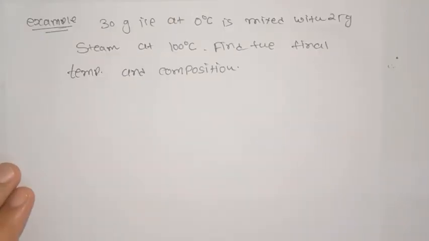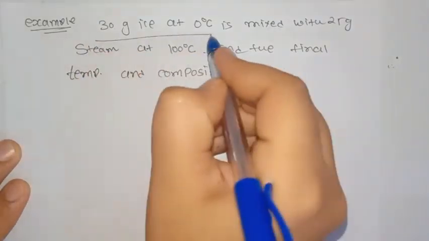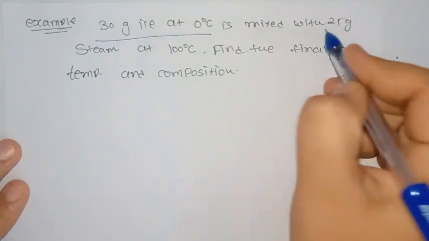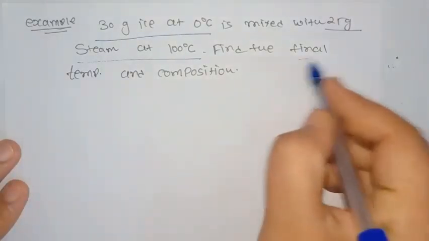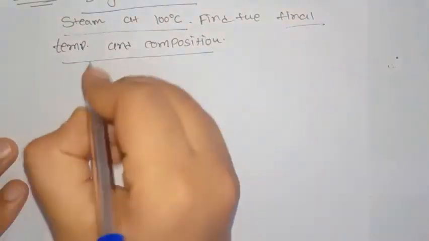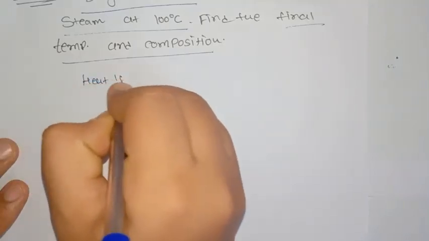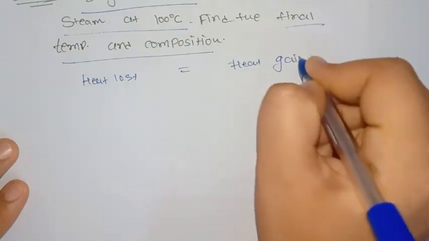In this example, 30 gram ice at 0 degree Celsius is mixed with 25 gram of steam at 100 degrees Celsius. We want to find the final temperature and composition. Again, we will use heat lost is equal to heat gained.